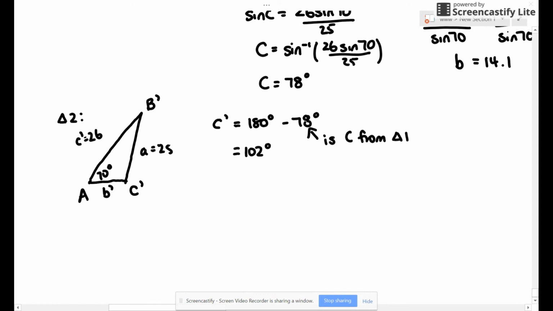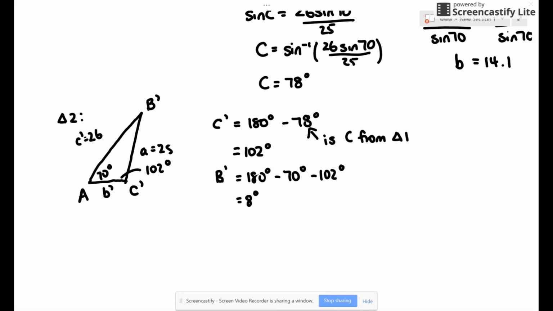So that's C prime now, this angle, 102. And then now I can use that to help me figure out B prime. So 180 subtract 70 subtract 102, and that's going to leave me with 8 degrees. So in my second triangle, I've already figured out my C prime as well as my B prime.